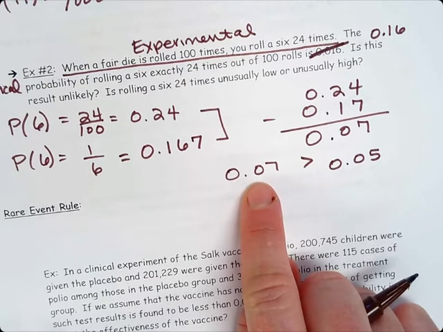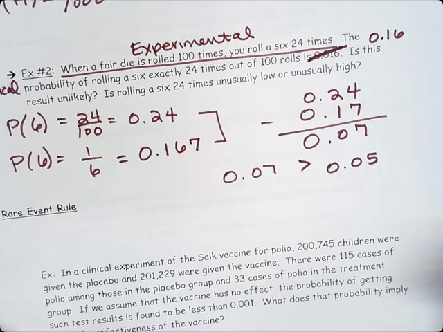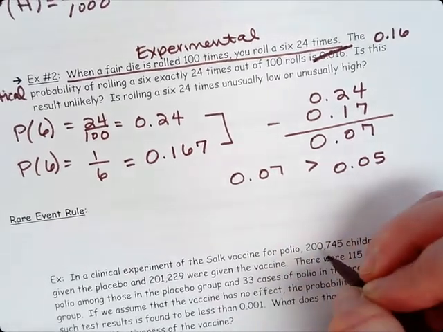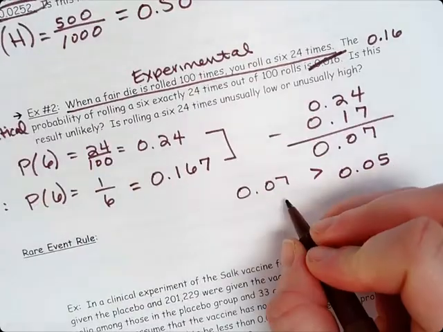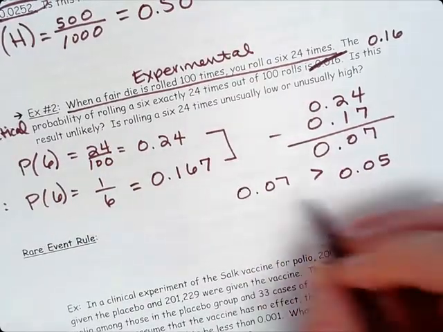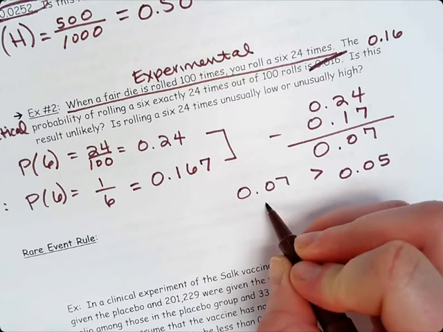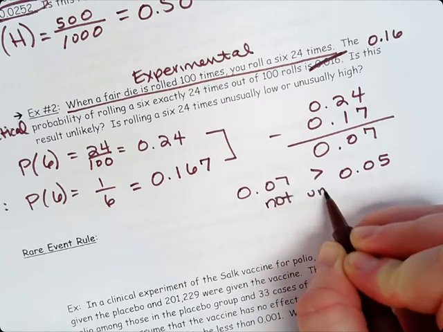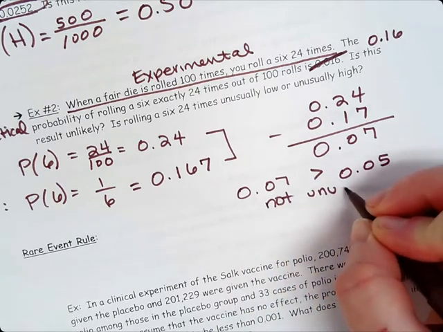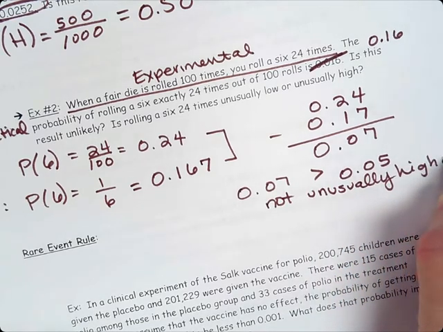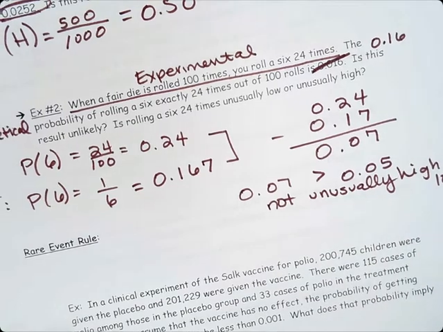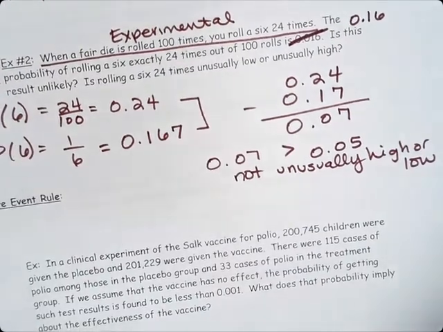What do y'all think? It seems about right. It's pretty close. And it's not an extreme result. So I'm going to say not unusually high or low. It's right around it.